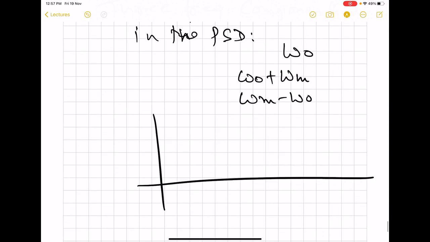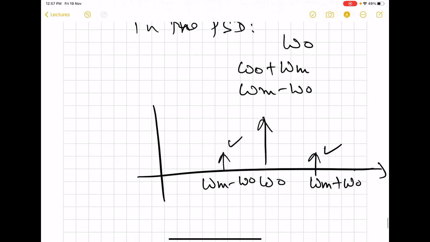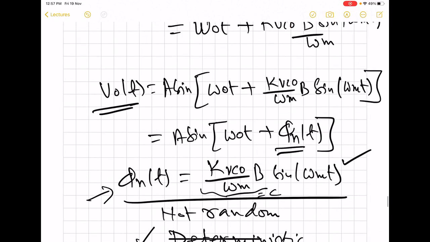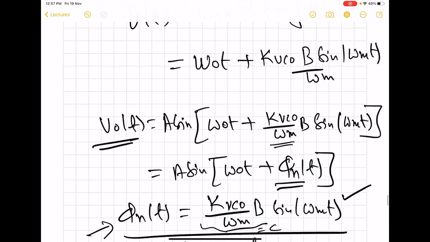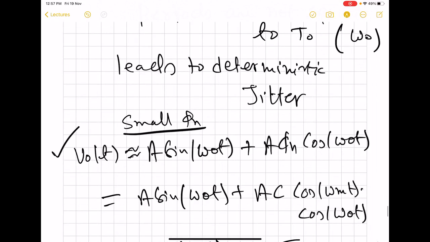If you see the PSD for this case, we are going to have this omega naught, and then omega m minus omega naught, and then omega m plus omega naught. And the strength or the power of these are going to be small. We have to assume a small value for this, only then will we be able to arrive at this expression.